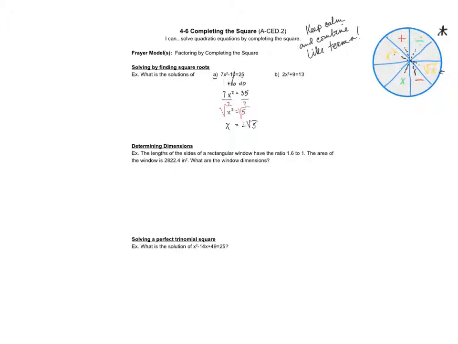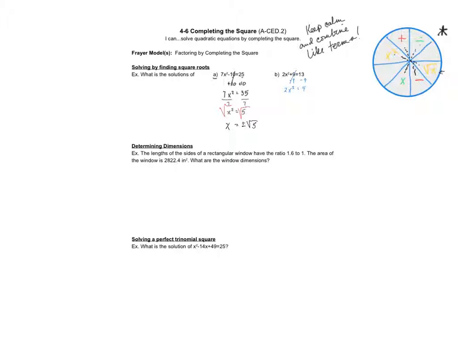Now looking at B, again this is a review, finding these values. Solving this equation, first thing I'm going to do is combine like terms, which means subtracting 9 from both sides. That gives me 4 on the left-hand side, and of course 9 minus 9 zeroes out, and I have 2x squared.